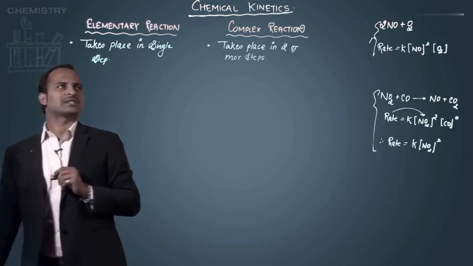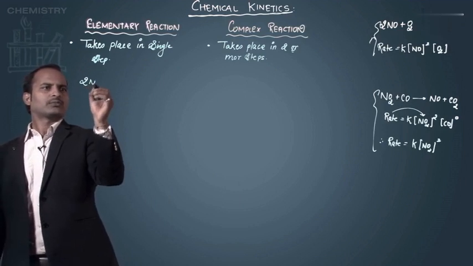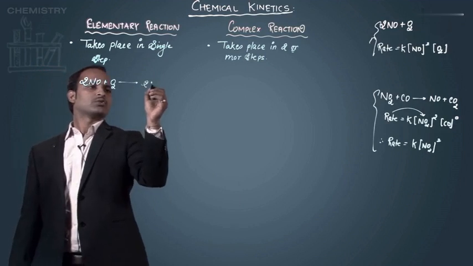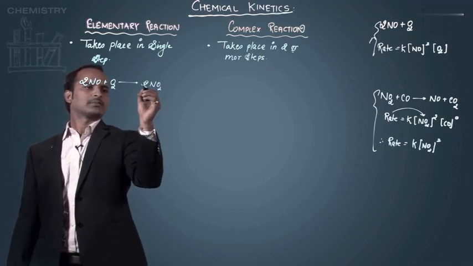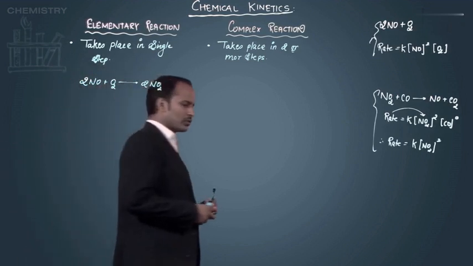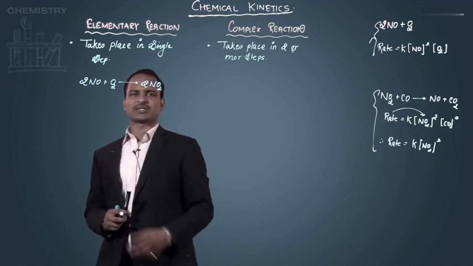The example for an elementary reaction is 2 moles of NO plus O2 gives 2 moles of NO2. This is called an elementary reaction, which takes place in a single step.